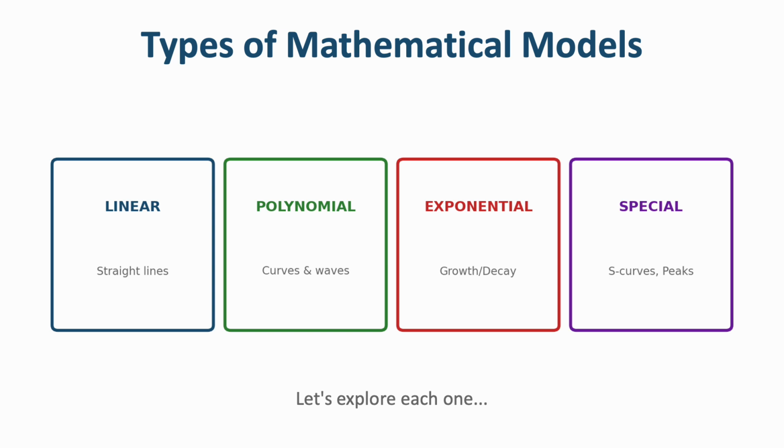When we have curves or waves, we will use polynomial, or we could have exponential for growth and decays. And finally, we could have special models that will cover S-shaped curves and peaks. We will look into those models in detail. The next one will be the linear models.